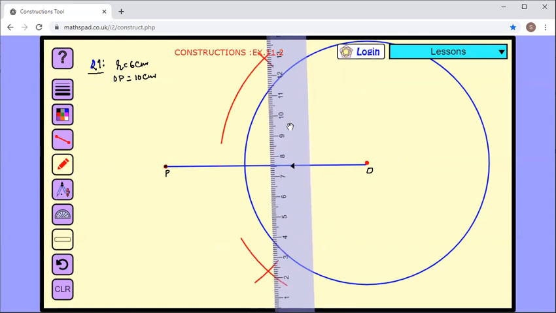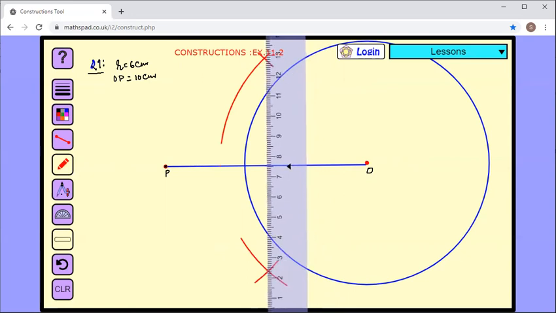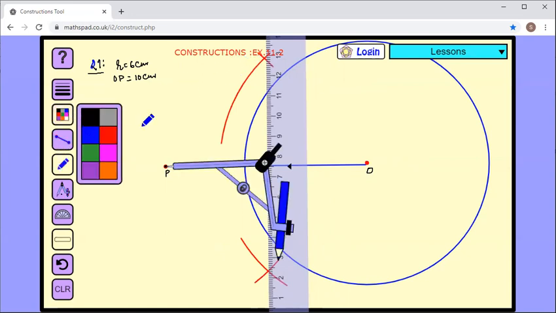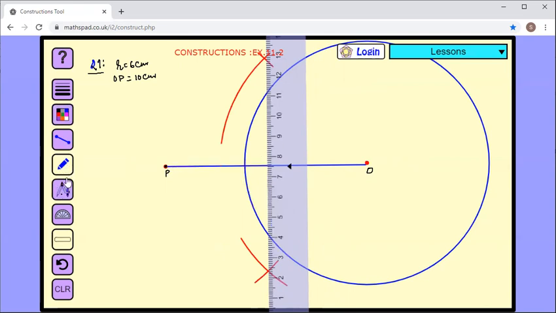So the construction should be accurate, children. So put the scale properly, and then draw the line. Start drawing the line like this.